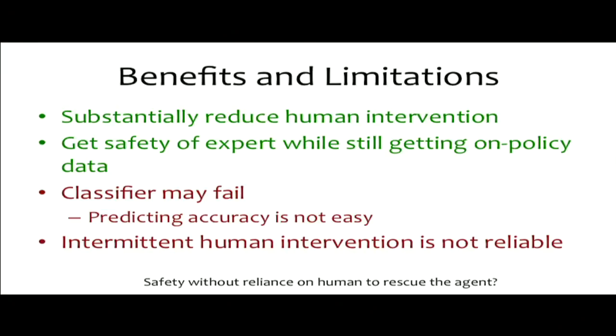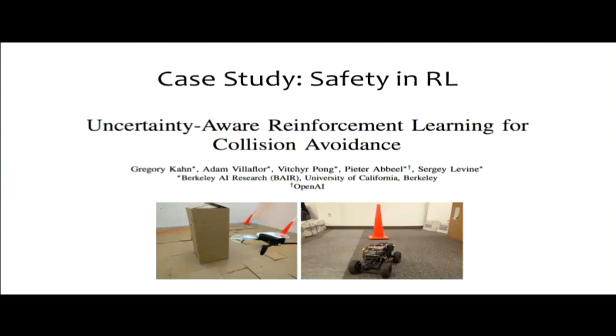Okay, so how can we get rid of that last limitation and ensure safety without relying on a human to rescue the agent at any given point? The paper that I'm going to focus on here that I think is able to achieve this is a recent paper on navigating around obstacles by using uncertainty, like I mentioned before, in order to avoid collisions.